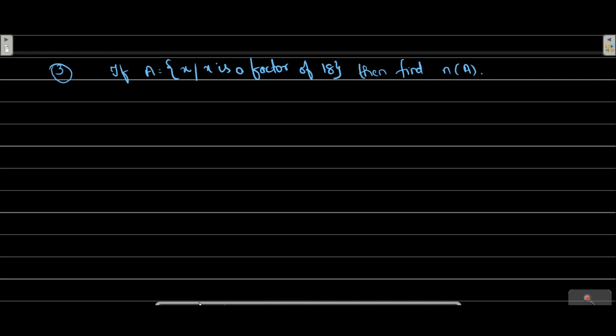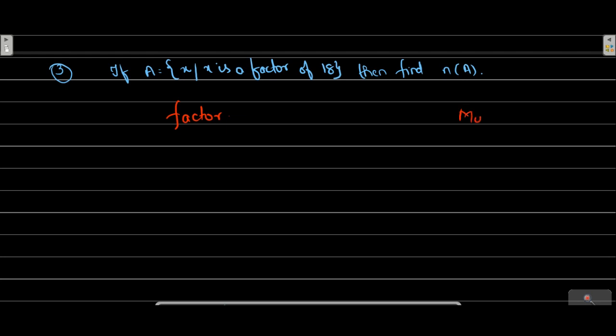Whenever you are solving the questions in the sets chapter, mostly they will be using the terms like factor and multiple. So, you should be aware of the terms factor and multiple. Let us first discuss what is a factor and what is a multiple.